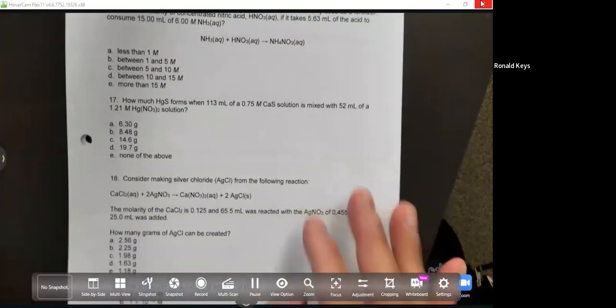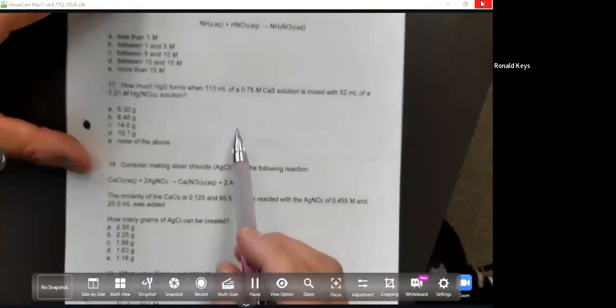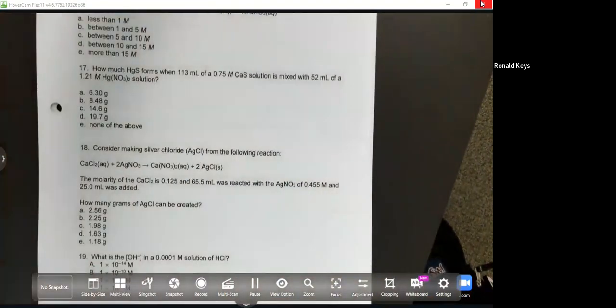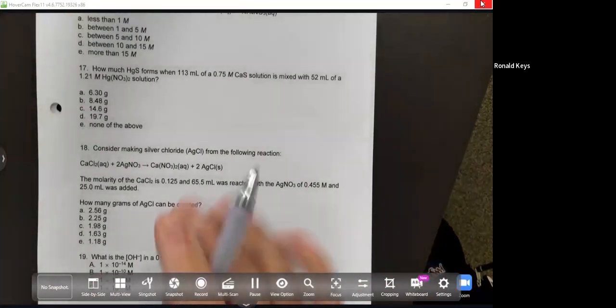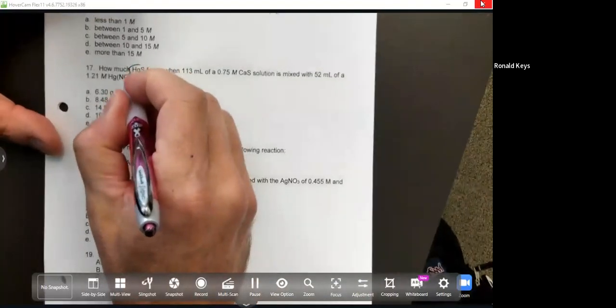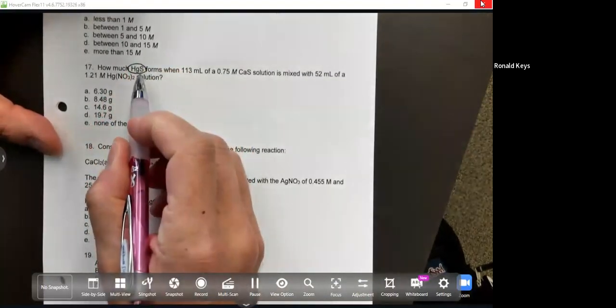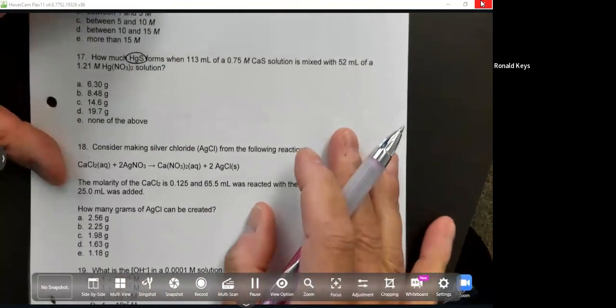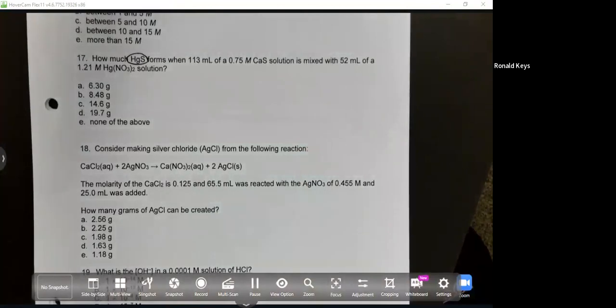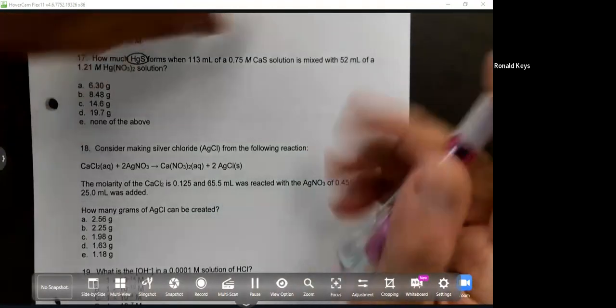But 17 here is a limiting problem. So if we look at 17, let's write this out first. It says how much HgS, which would be mercury 2 sulfide. And so it looks like we've got a double replacement reaction. So let's write that out first.